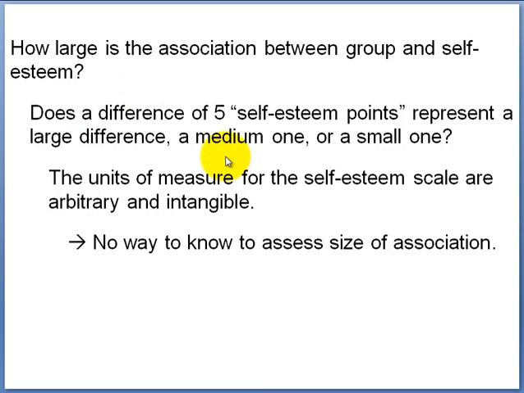In other words, does a difference of 5 self-esteem points, which is to say 45 as a mean versus 40 as a mean, represent a large difference, a medium one, or a small one? The units of the self-esteem scale are arbitrary and intangible. Therefore, there's no way to assess size of association.